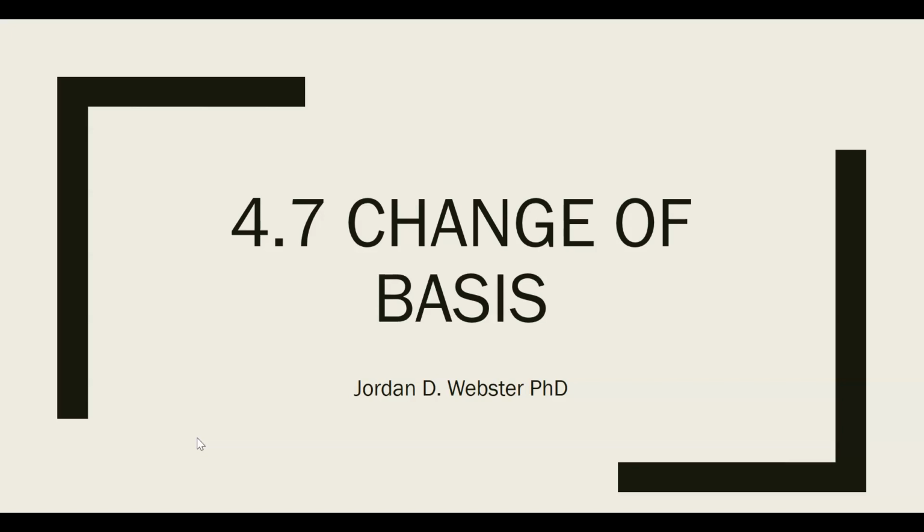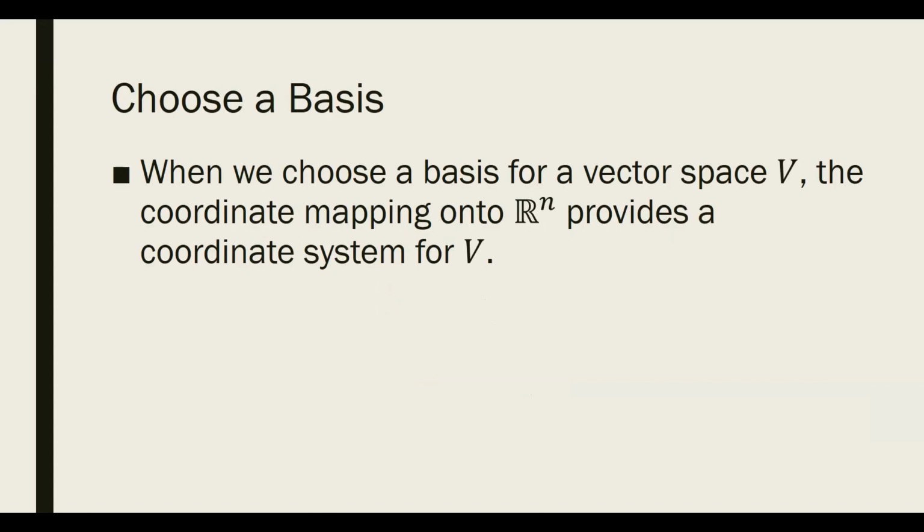In section 4.7, we're going to talk about change of basis. Now, the idea behind a change of basis is that we can have lots of bases for a particular vector space.